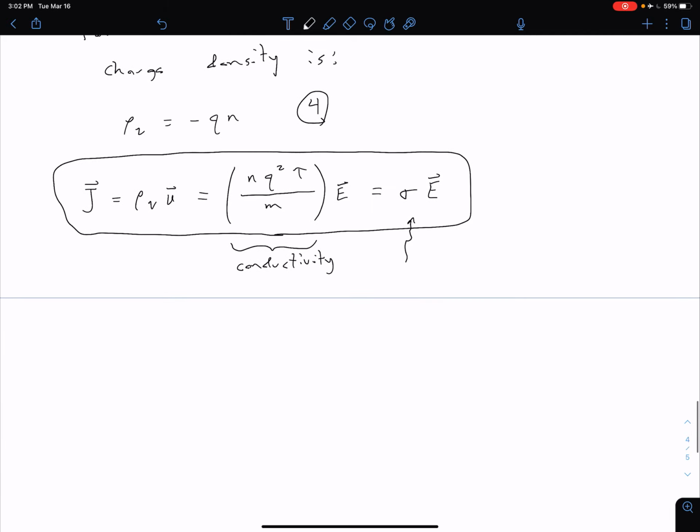This equation, J equals sigma E, is actually known as the point form of Ohm's law. As we expect, Ohm's law should work for our metallic conductors, even though we saw it didn't work for our convection current. In the next few videos, we're going to start looking at how our metals behave in electric fields.